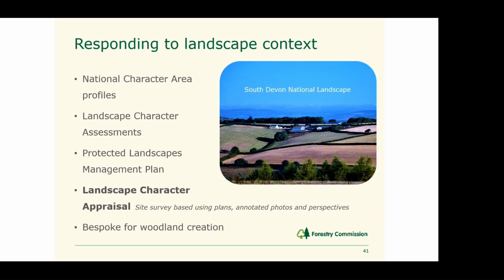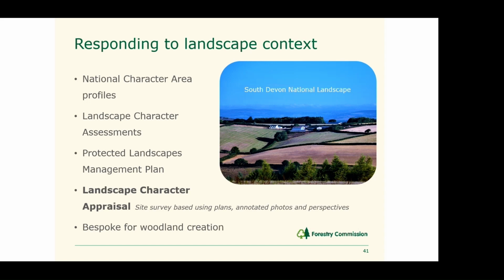At the higher level, I don't know how many people are aware, but England's divided into 159 national character area profiles. These have been produced by Natural England, and they're well illustrated and a really good guide to get the sort of big picture understanding of where your site is and where your farm's located, and what the defining characteristics of that site are, because more than likely they're going to be relevant in how you shape your woodland design.